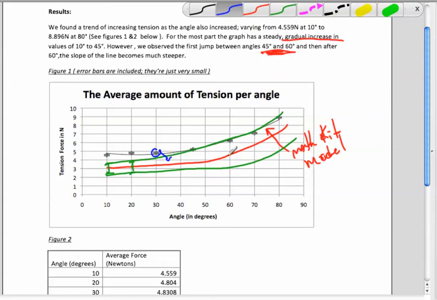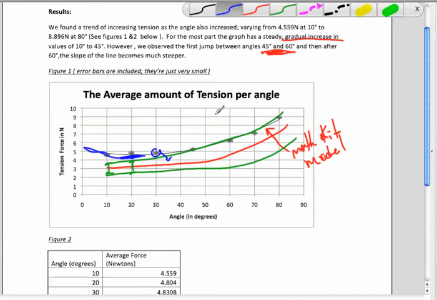Now, there's something else that I wanted to point out, especially if this is, which is what I think it is, a mathematical fit. What you miss by that is the fact that this starts to come back up again. And so you actually have a minimum.